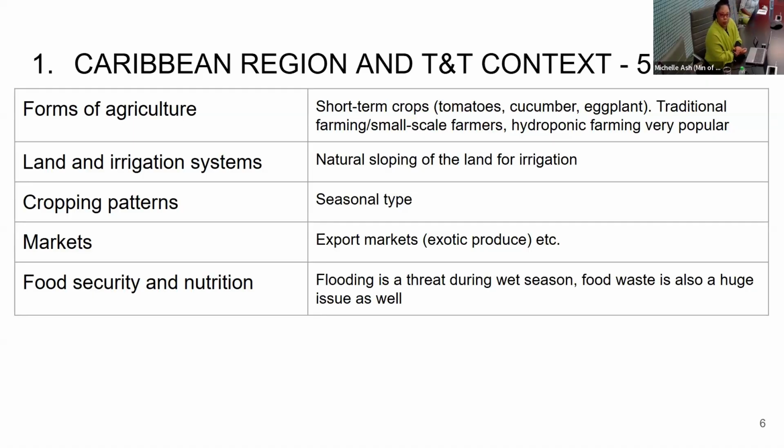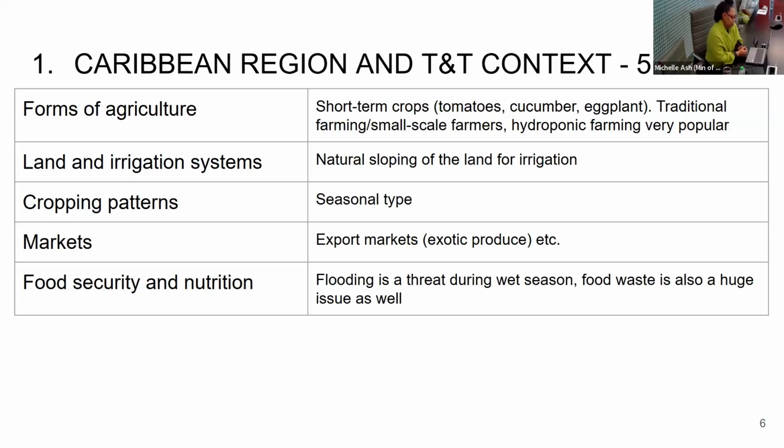Now we have to mention that we had an anomaly in the Caribbean. Guyana is our most food secure CARICOM country. They are the only ones who have that status granted to them, so the rest of us are still open to reach that level.